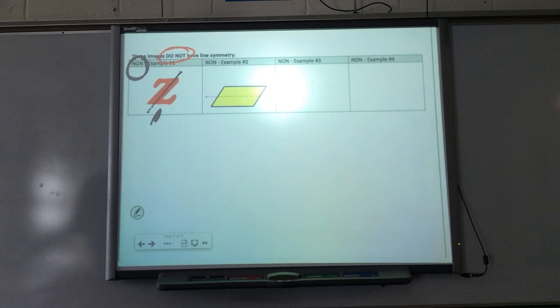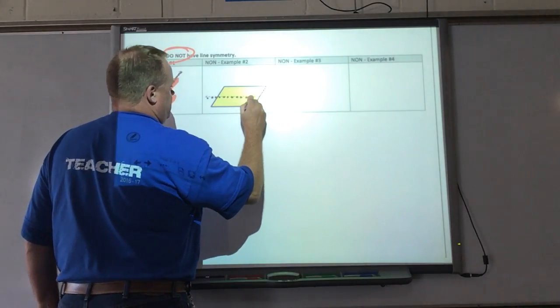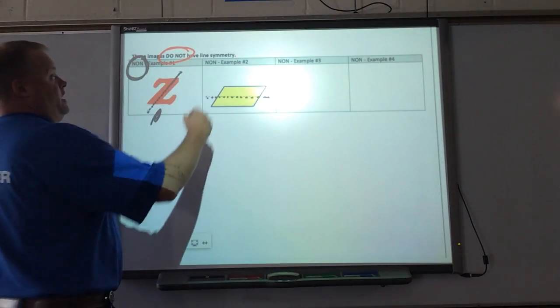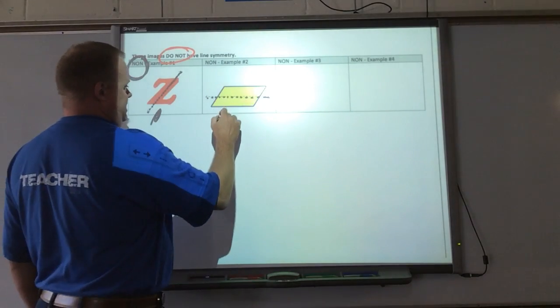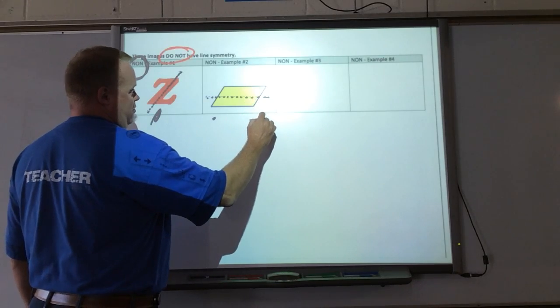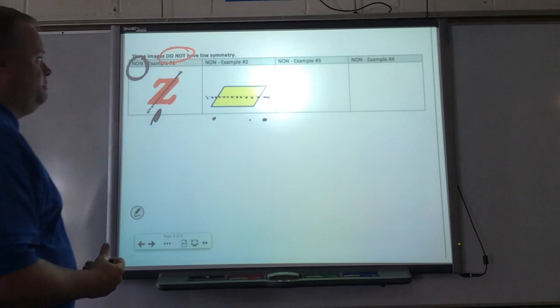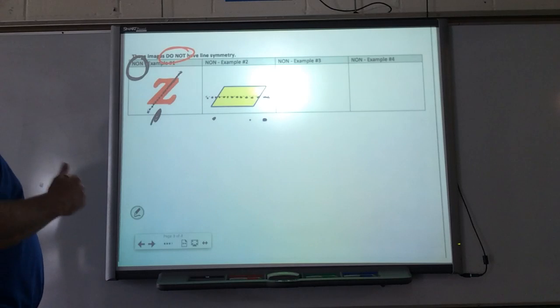The parallelogram. Well, if I cut it in half, and I go this way, and I try to cut it in half, and I once again try to fold one of the sides down, this is going to end up over here somewhere. This one would end up probably over here as I fold it down. But this is another example of a figure that is not going to have a line of symmetry because it does not fold on top of each other.